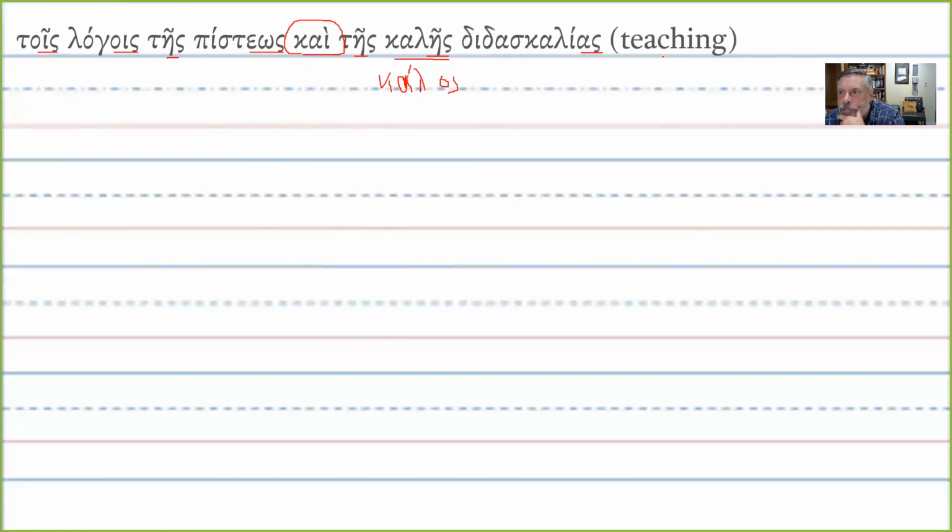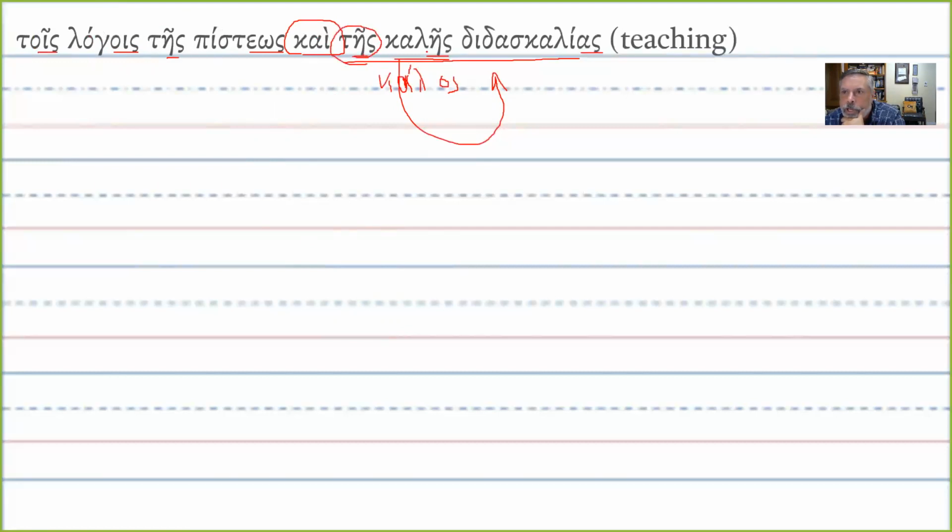Here we have teaching. And so this is, if you remember our chapter 9 adjectives, kalos here is an adjective. It is in the first attributive position. It is attributing something. This kalos is attributing something to the teaching. It's good teaching. And I know it's first attributive position. Number one, it has the article with it.